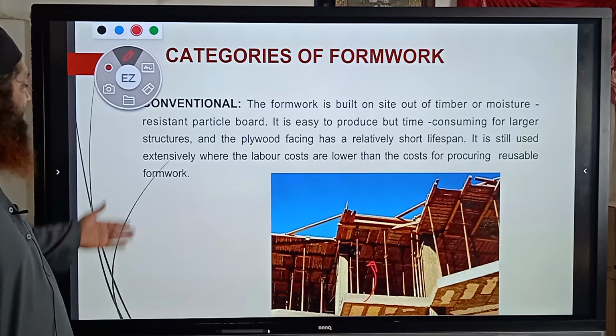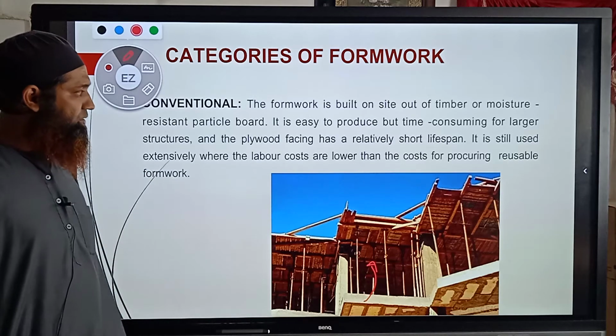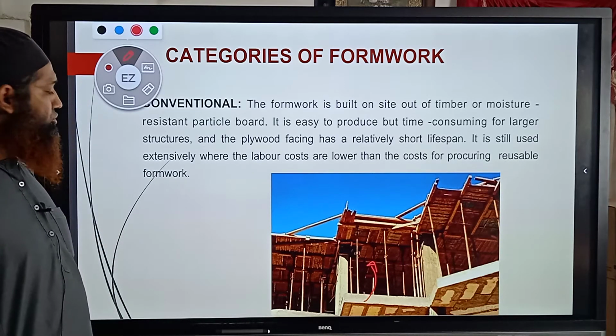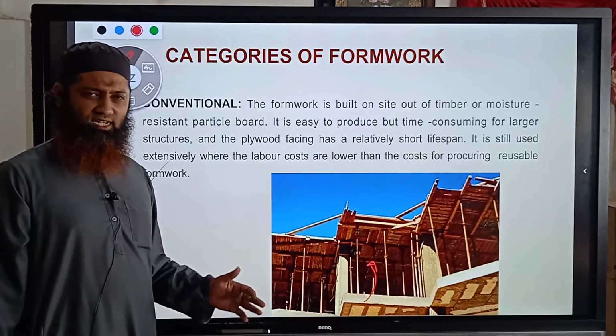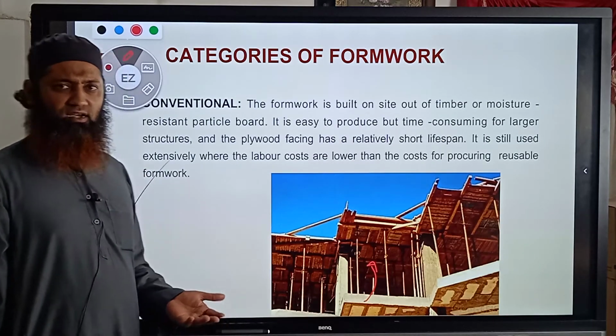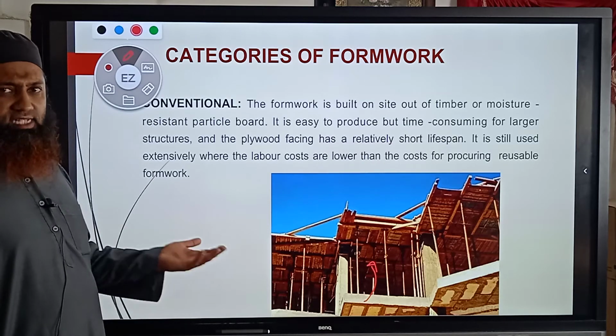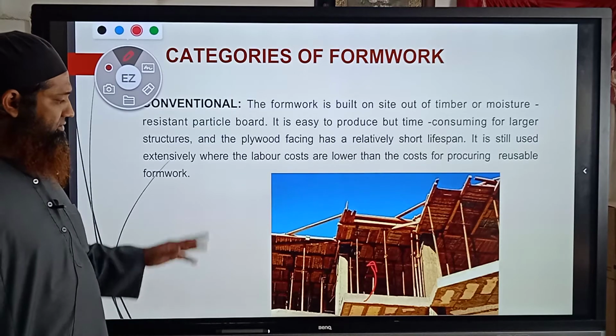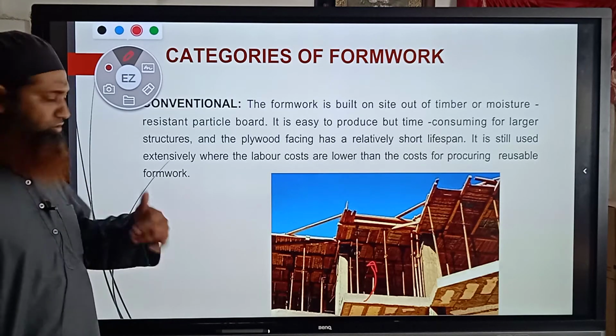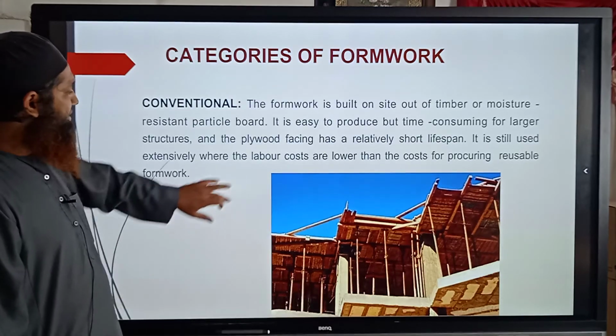It is still used extensively, where the labor costs are lower than the cost of procuring reusable formwork. It is very much used nowadays also, but with developments and different formwork coming up, this type of formwork is not used as much as it was used beforehand. So this is the conventional formwork.